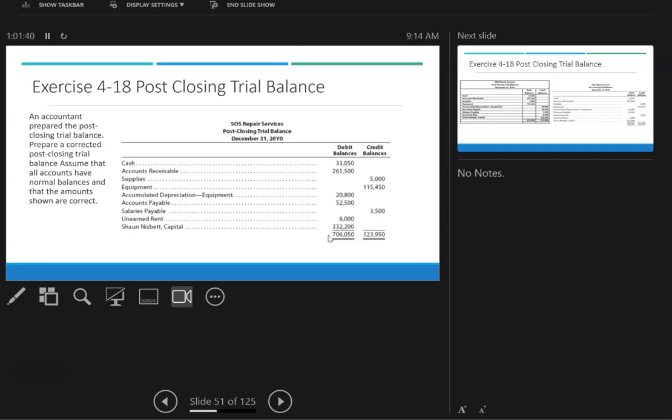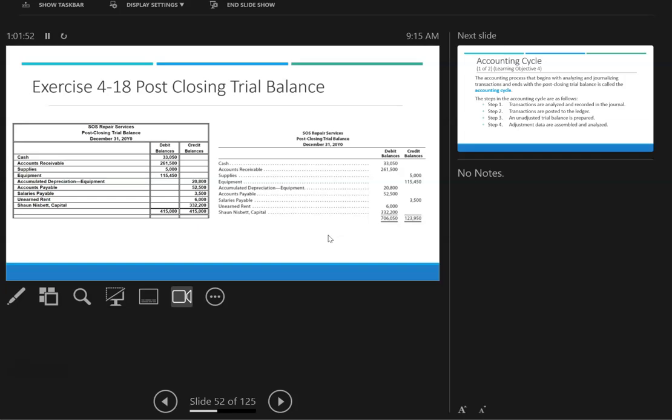And then our liabilities and owner's equity have a credit balance. So they're all goofed up here. Debit balances are 706, credit balances are 123. If we did it correctly, our debits stay on the left, our credits are on the right. Do you see how we balance now? Make sense? How you doing?